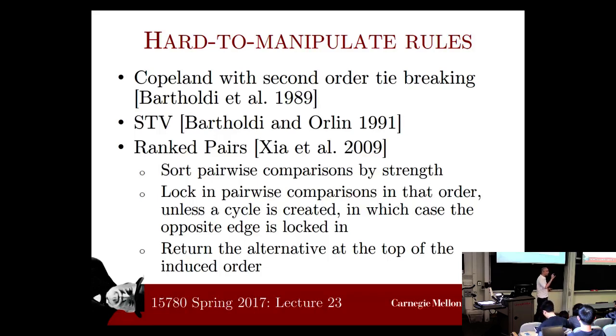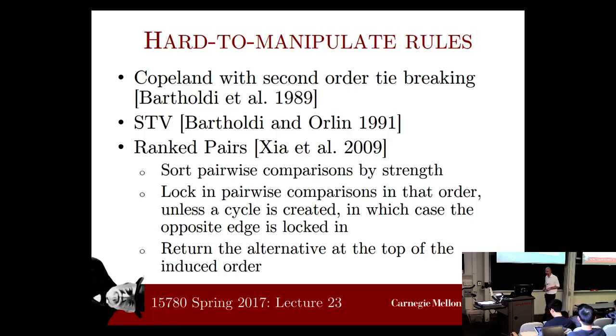And then we basically go by strength and lock in edges, unless locking in an edge creates a cycle. If it does create a cycle, we lock it in the opposite direction. And we keep doing that until we get a tournament, basically, which is a complete acyclic graph. And then we take the order induced by that tournament, and we take the first alternative in that order.